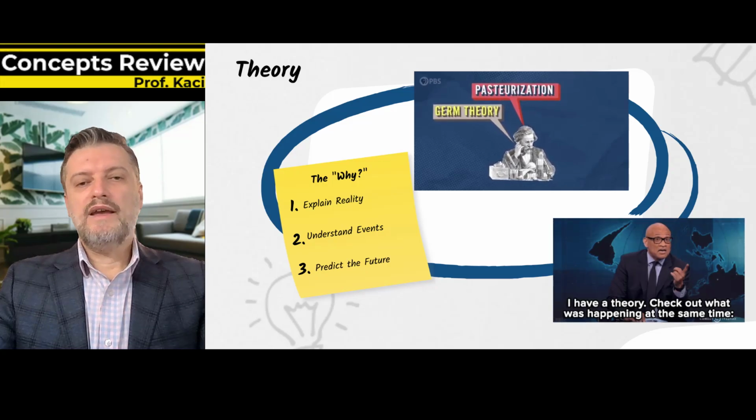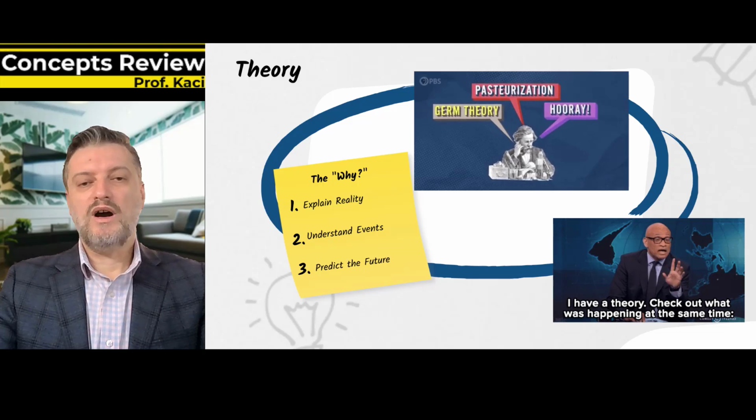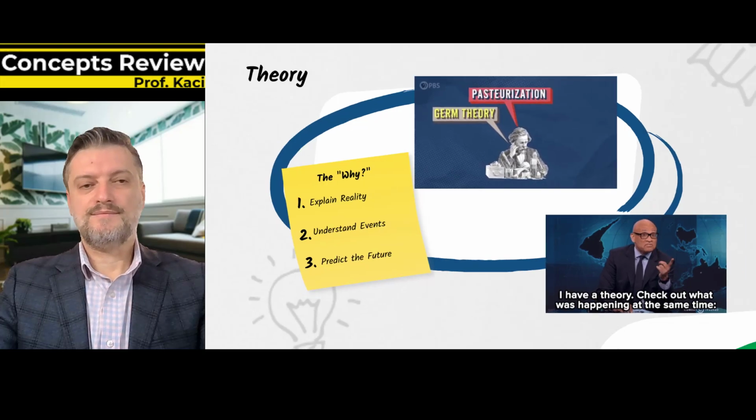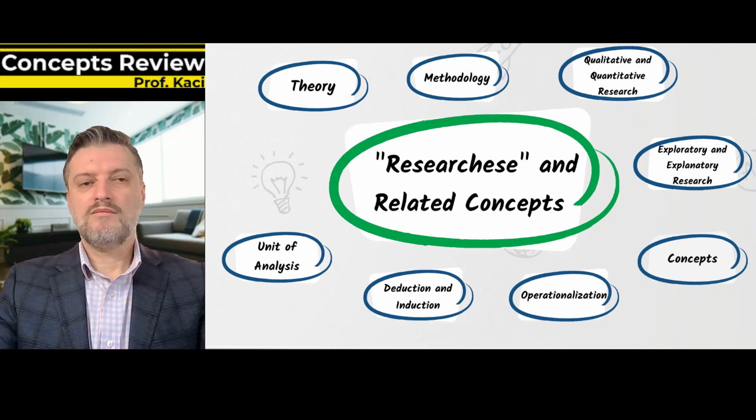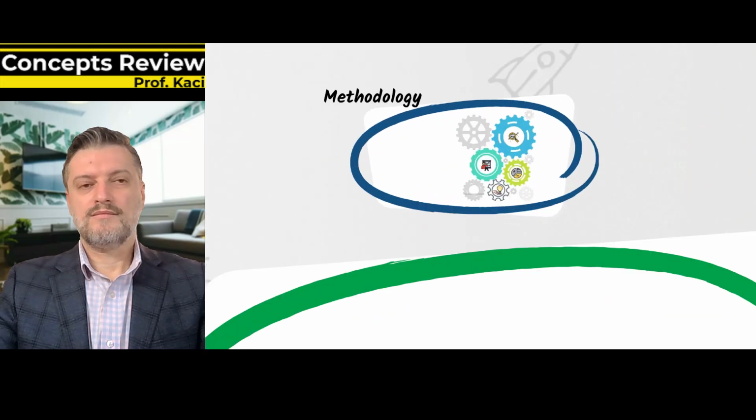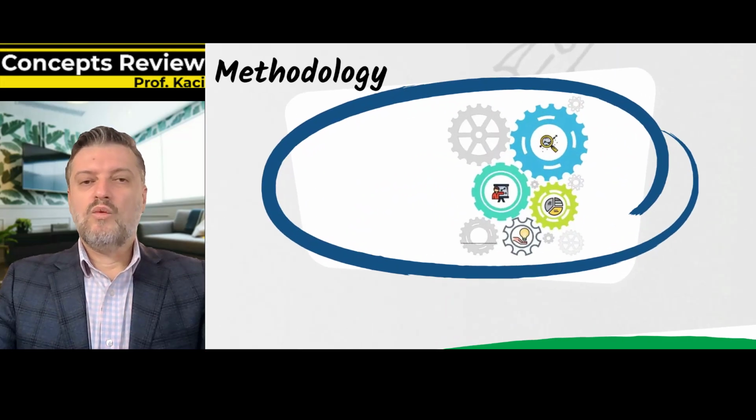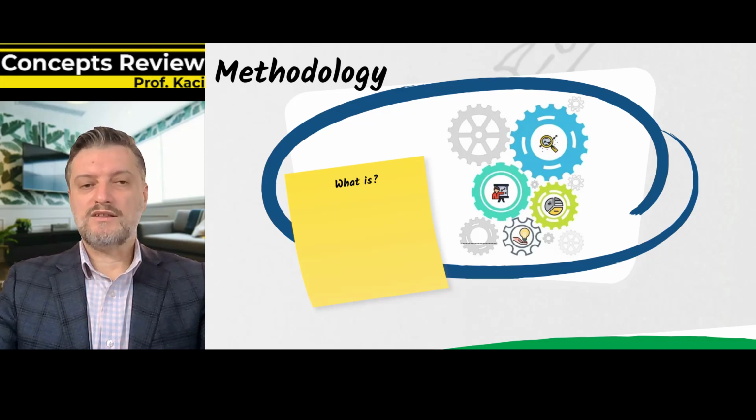Theory asks, what is the point of all of this? What does it mean? Why are things this way? While theory addresses the issue why, methodology concerns itself with what is.